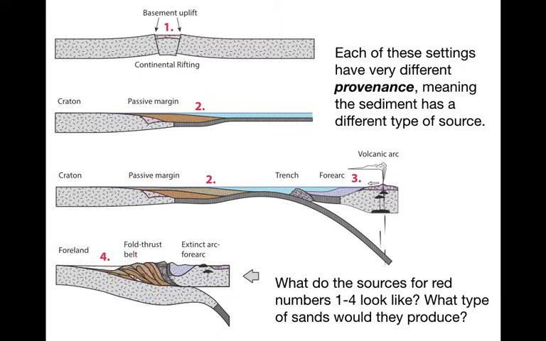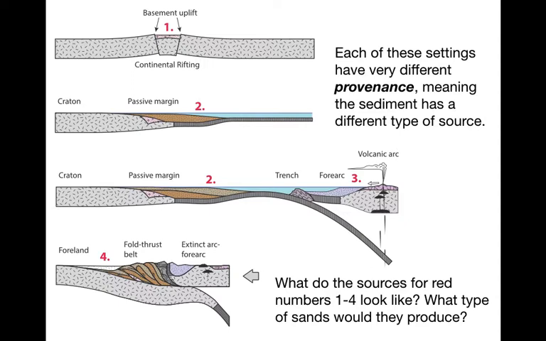That's going to load down the crust, and you'll get a foreland basin next to it, and the fold thrust belt will then be the source for the sediment in that foreland basin. So each of these settings have very different provenance, meaning that the sediment has a different type of source.